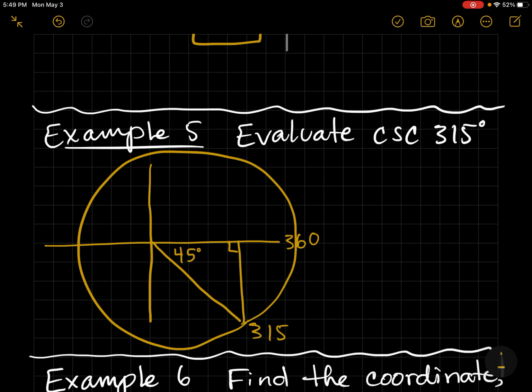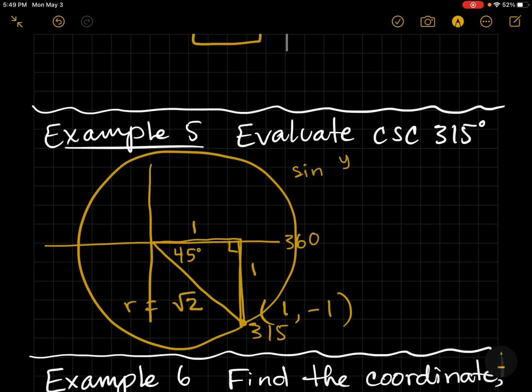And you can draw the circle or you can just imagine it. So 45, 45, 90, 1, 1, radical 2. My coordinate point here, my x, I went over 1. And then I went down. So my y is negative. So now my r is radical 2.